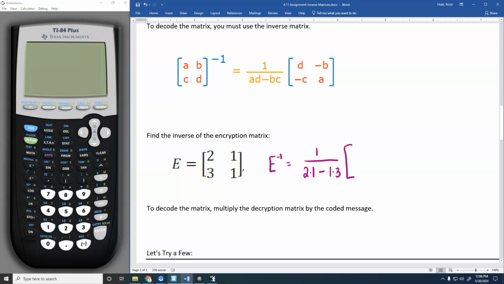A and D have to switch, so I'll put a 1 here and a 2 here. And then 3 and 1 stay where they're at, but they're going to change signs. So we'll have a negative 1 here and a negative 3 here. Everybody good there?